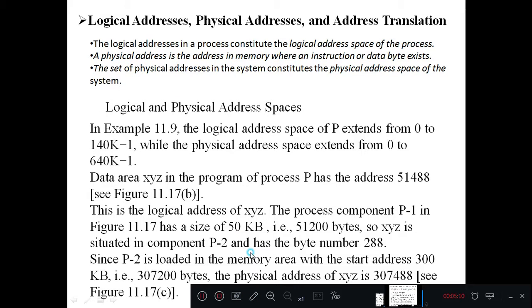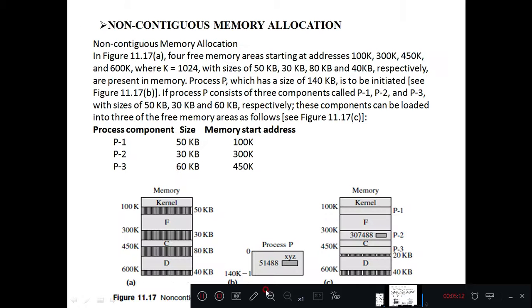Again we'll switch back to the previous slide. Here, let us assume the size of the process is 0 to 140K minus 1. This is the logical size of the process, but these logical addresses are going to be mapped to the physical addresses. In the last class, while discussing non-contiguous memory allocation, we saw that the entire process is divided into a number of sections.